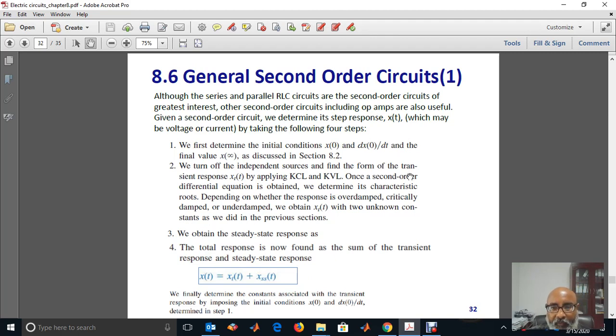Of course, we take the initial conditions x at 0 and the derivative of x at 0 to solve for the constants. To find the transient response, we turn off all independent sources. For example, if it's a voltage source, we short circuit, and if it's a current source, we open circuit, and we solve for the transient response. And finally, using the initial conditions, we solve the constants, and we get the complete solution.